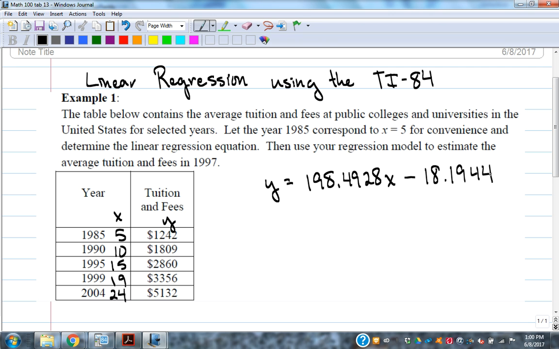They want us to use that regression model to estimate the average tuition and fees in 1997. We remember on our X values, we changed those by changing 85 to 5 and so on. So that would mean 1997 would be at 17. So what we want to do is work this out with a 17 in the place of X. So we need to just work that out.